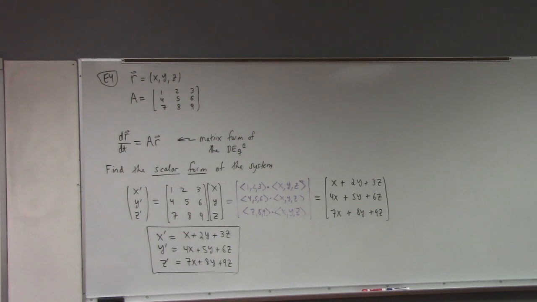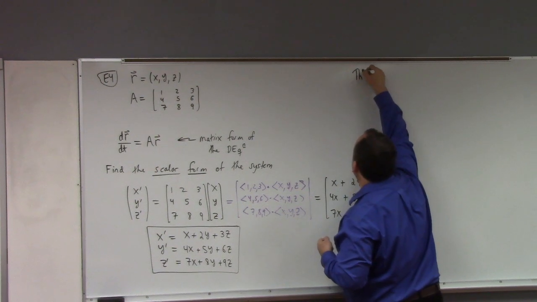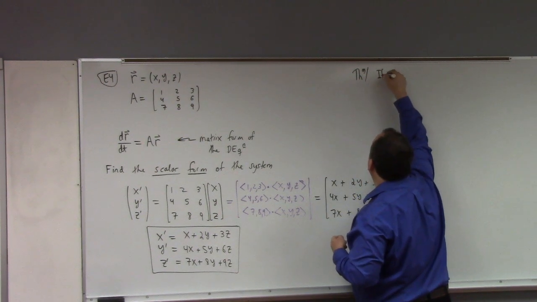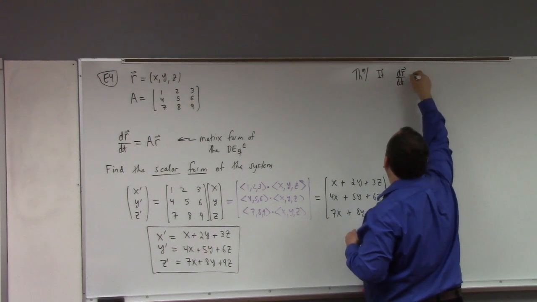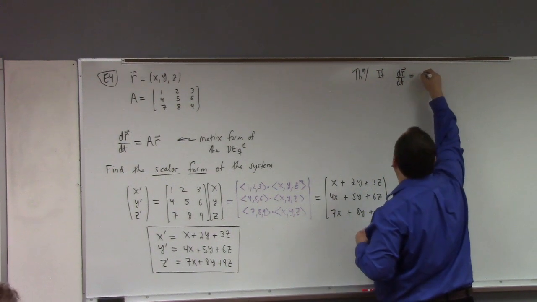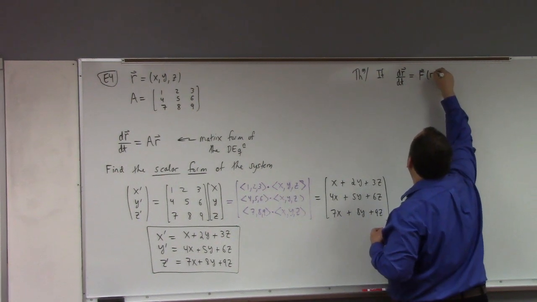Okay, so here's some systems. Let me just share some theory with you, okay? So here's the theorem. If, let's say, dr/dt is equal to a vector function of r and t.